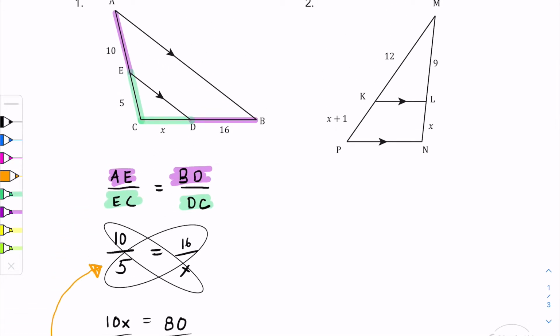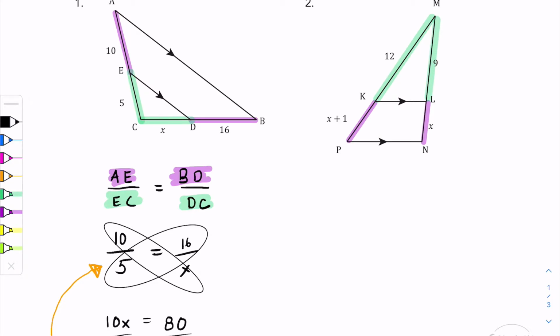Number 2 is a bit more challenging because now we are solving for a variable that includes an expression. But we approach this the same way. So first we identify that we have 2 parallel segments, so we can use the side splitter theorem, meaning we can compare the smaller segments or the base segments to the upper segments.